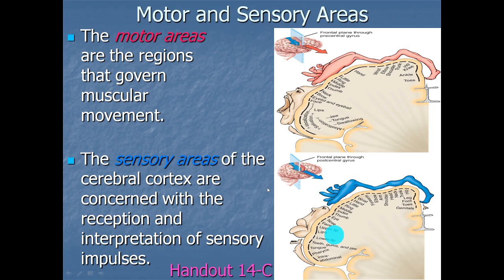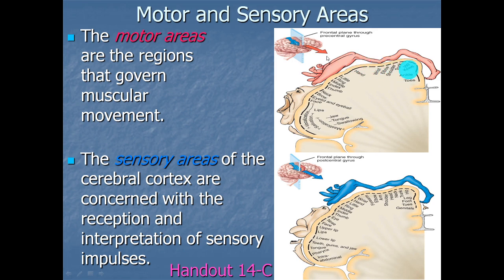Now, that's a homeostatic thing when you think about it, because if you touch potential food to your lips and you have a reaction, or it's very sensitive, or it's too hot, or it's too cold, you sense that right away and you know not to put that in your mouth. Or you know that it's okay to put it in your mouth. So the precentral and postcentral sensory and motor areas are controlled by this pre and postcentral gyrus.